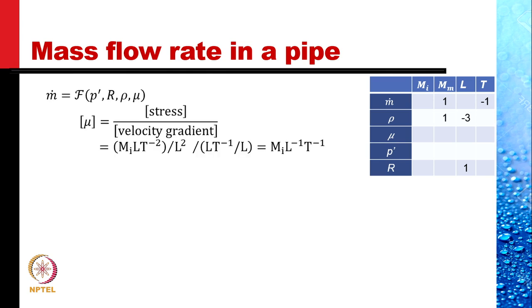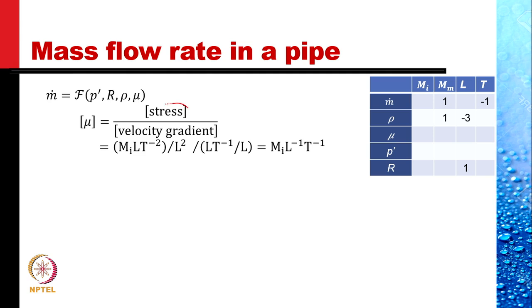We recognize that the dimension of mu should be the dimension of stress divided by dimension of velocity gradient from Newton's law of viscosity. This stress would be force divided by area, and the force is mass times the acceleration. But here, the role of mass is inertia, because inertial mass times acceleration would give you the force.